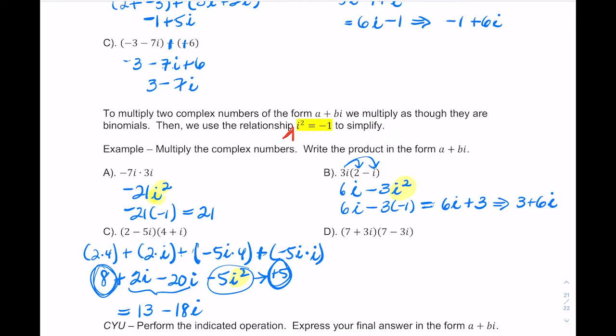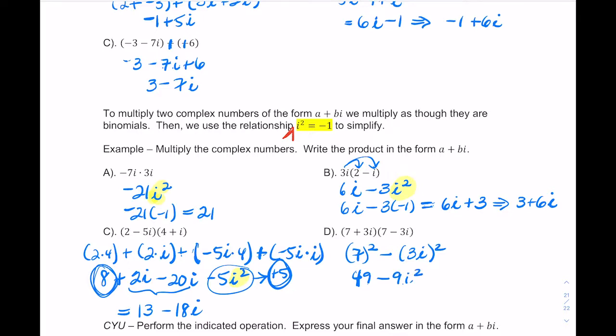And in letter D, you can FOIL this, or also notice it's a sum and a difference, right? Because both expressions are the same. So when that happens, all we have to do is square the first term, and then it's always going to be a minus, and then square the second term. 7 squared gives me 49, and negative 3i squared would give me negative 9i squared.